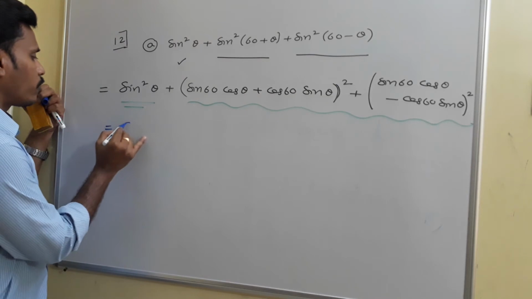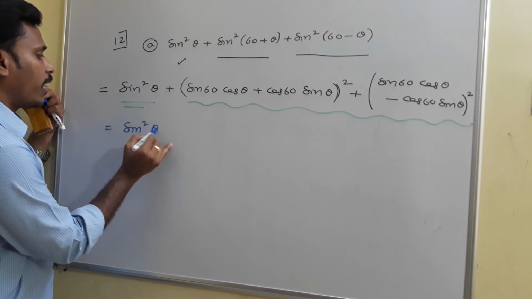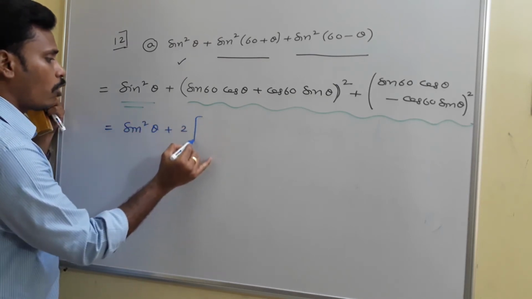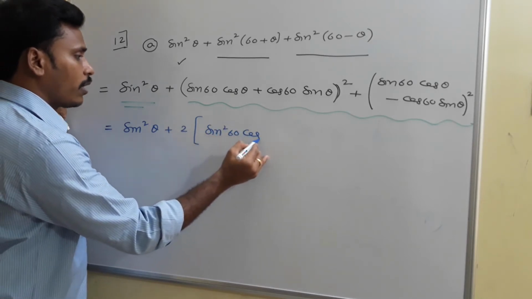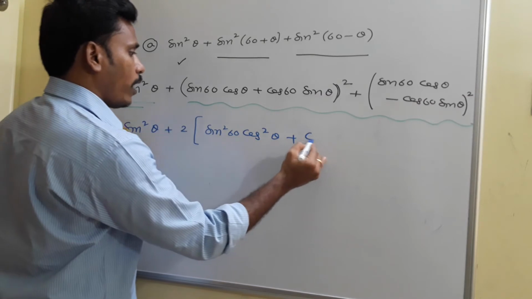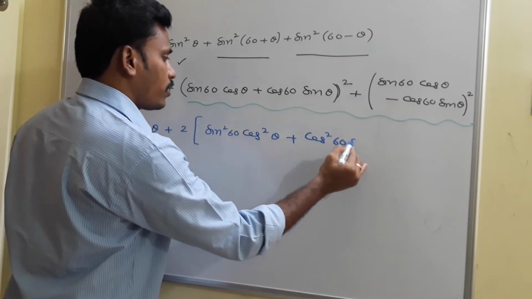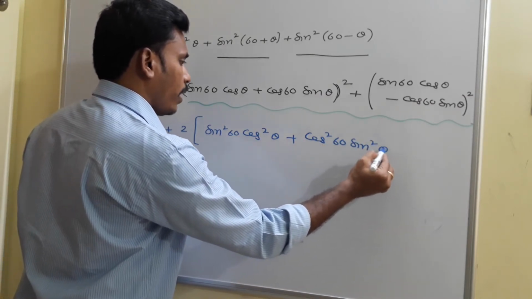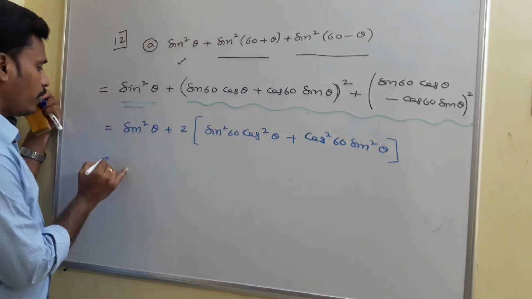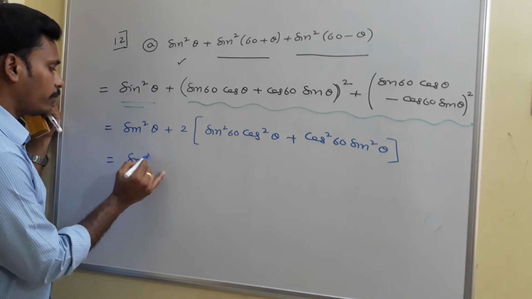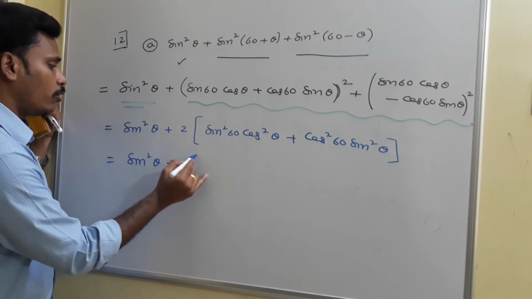So this is equals to sin square theta plus 2 times of square of the first one, which is sin square 60 cos square theta, plus square of the second one, cos square 60 sin square theta.